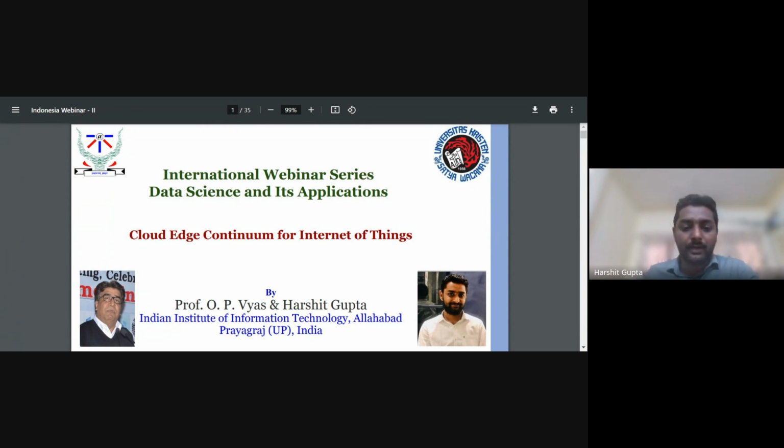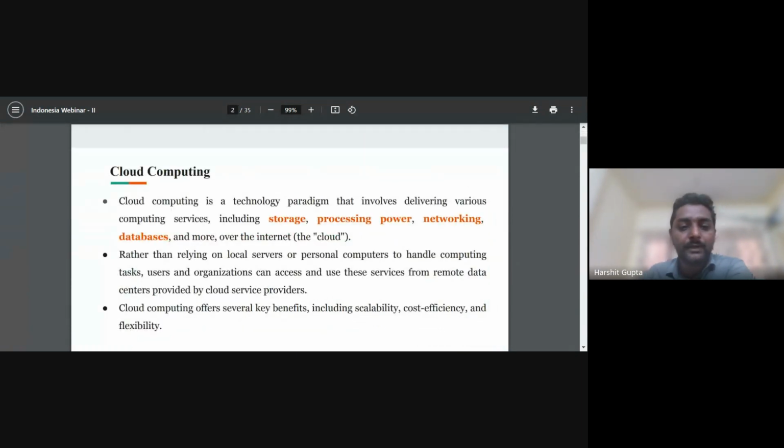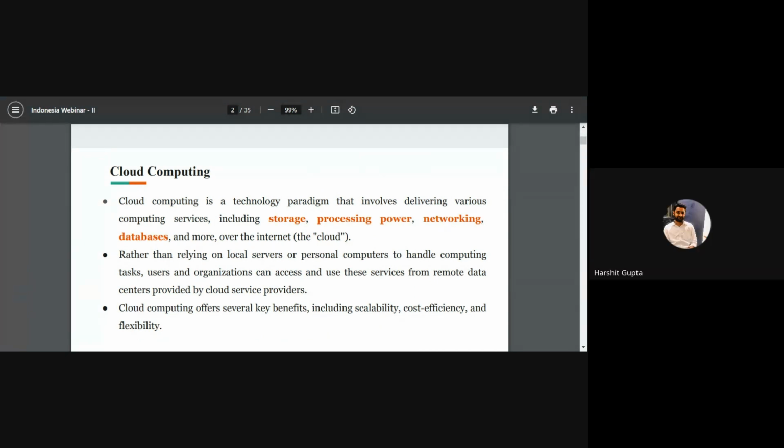So now we will start with an important concept of cloud computing. Just like we have seen in our last session, which was based on the Internet of Things, how it is used, how sensors are used to collect the data, and how it is sent to the central server for further aggregation, further operations on the data, further mining.